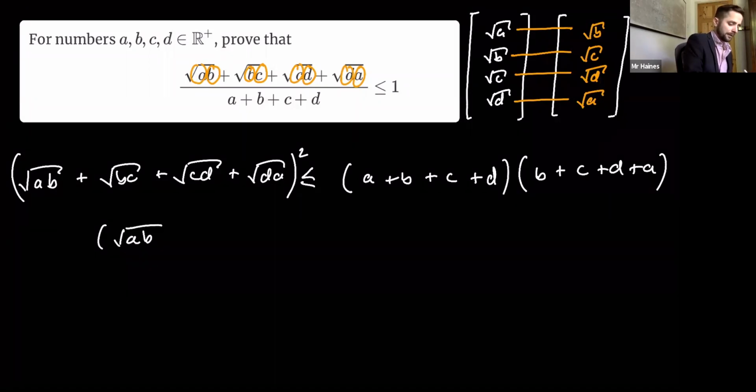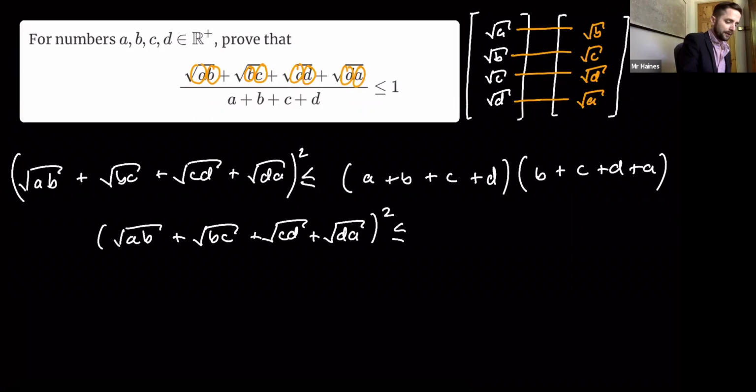So let's write this out again, simplify a little bit. And you'll notice that this is the same bracket twice. It's just A plus B plus C plus D multiplied by itself. So A plus B plus C plus D all squared. And then finally we square root both sides, and we've got what we want after dividing by A plus B plus C plus D. So I will just finish this off.